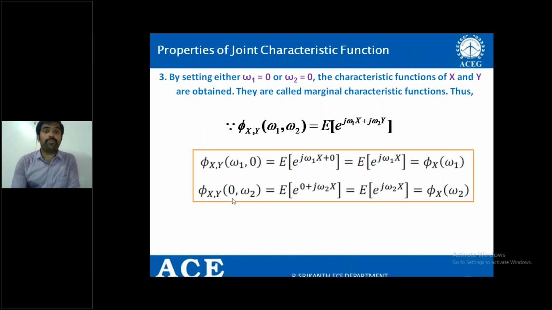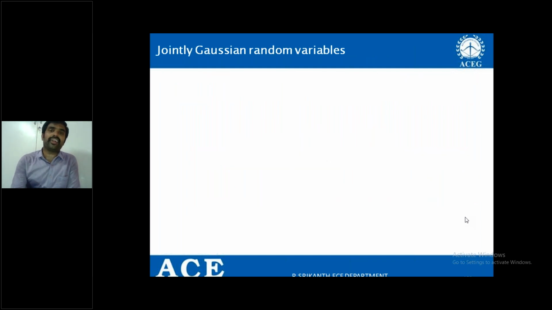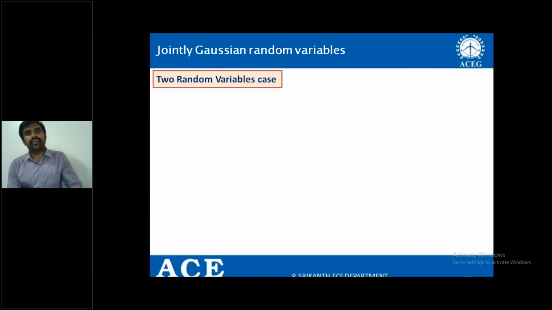Similarly, if omega 1 equals 0, it becomes expectation of e power j omega 2 y, which is nothing but phi y of omega 2. These two, phi x of omega 1 and phi y of omega 2, are called marginal characteristic functions. Am I clear?